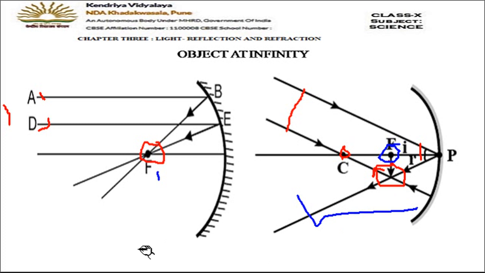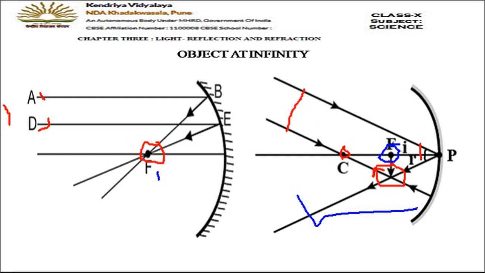Either you take the parallel rays one above and one below the principal axis, or both parallel rays on the upper side of the principal axis, or one ray falling obliquely and the second passing through the center of curvature, but the condition is that both the rays should be parallel to each other. They always meet at point F and the image will be formed very, very small compared to the object, real and inverted.